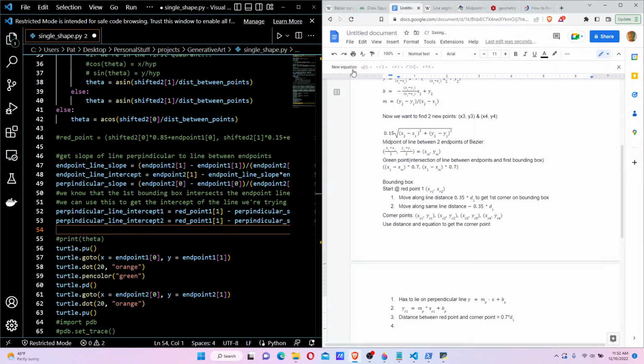So we can say that 0.7 times d1 is equal to the square root of y sub r1 minus y sub c1 squared plus x sub r1 minus x sub c1, that whole thing squared. So that's the other rule.